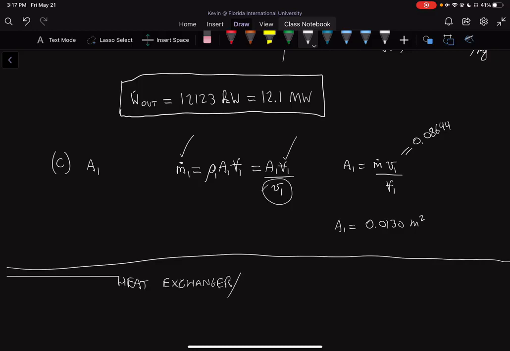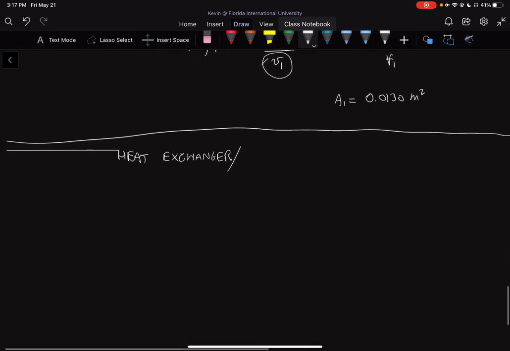And what a heat exchanger is, it's just a device where two fluids or two moving fluids exchange heat without mixing.